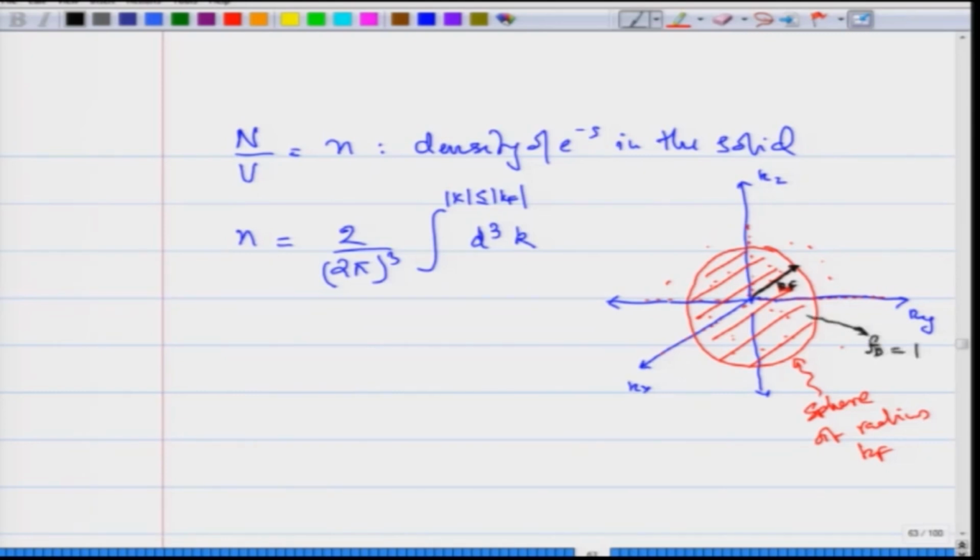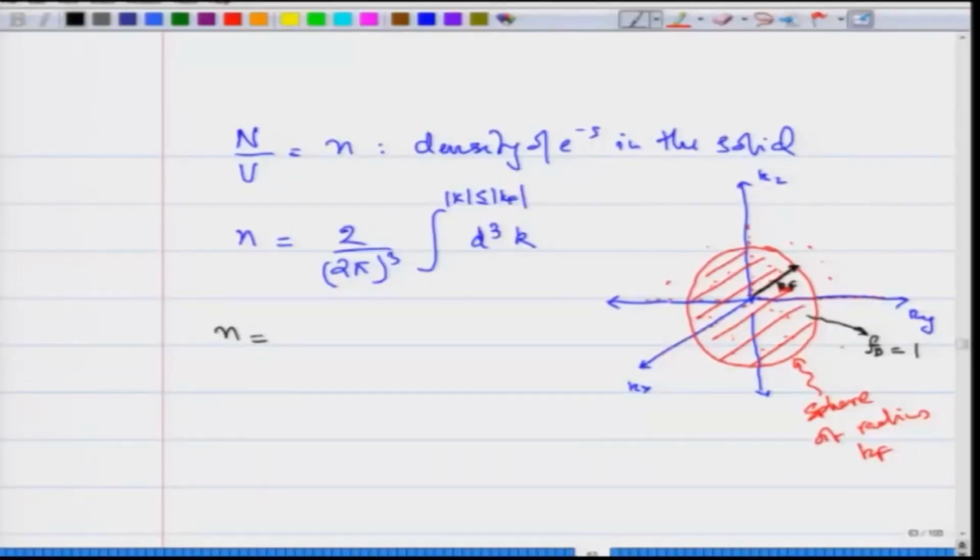The Fermi-Dirac distribution for all the states within this sphere of radius kF has occupancy 1; the probability of occupancy is 1. So, I can rewrite n as 2 by (2π)³, n is the density, into 4π/3 kF³.